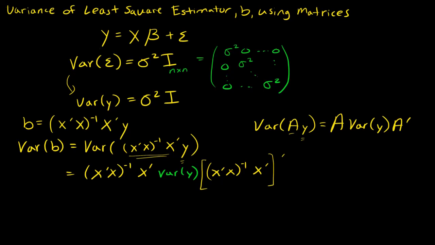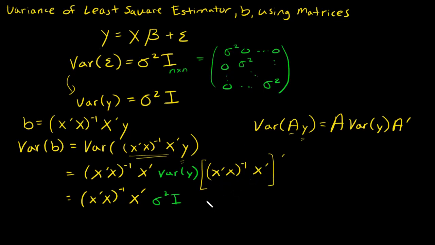Let me go ahead and write that. X transpose X inverse times X transpose. We know what the variance of y is: it's sigma squared times I. Let's bring this transpose in. When we have a product, we need to reverse the order of that product.